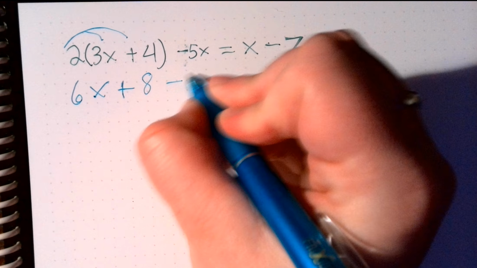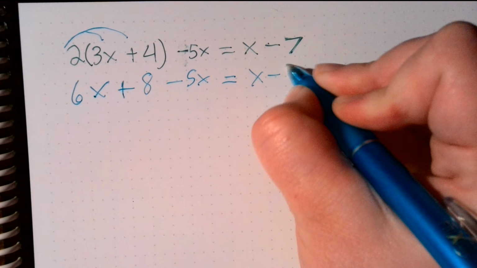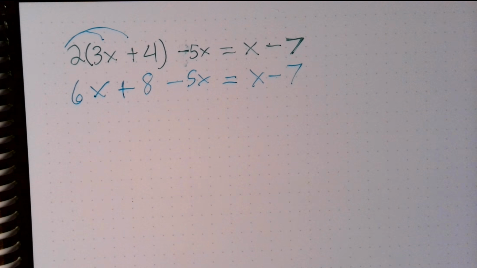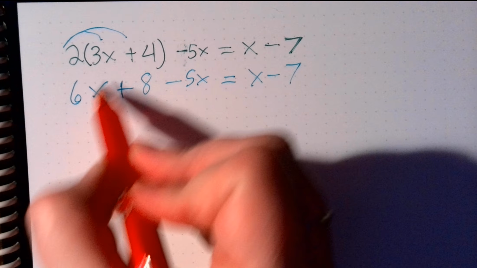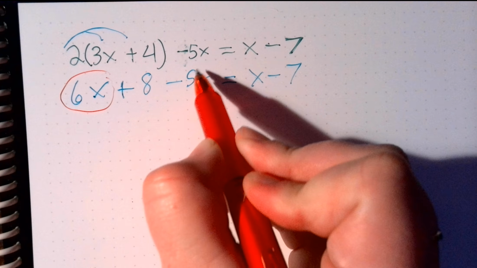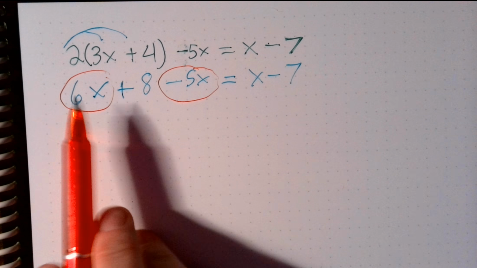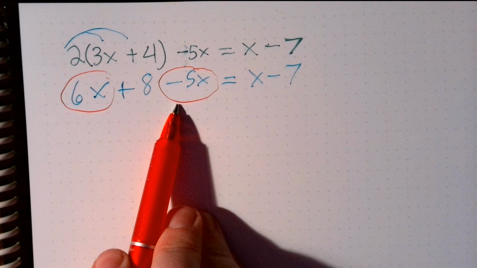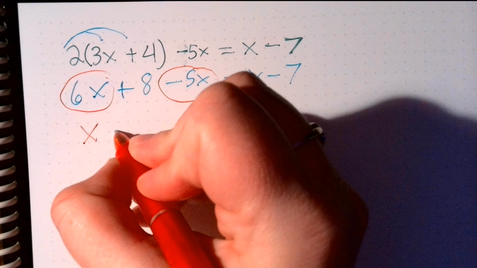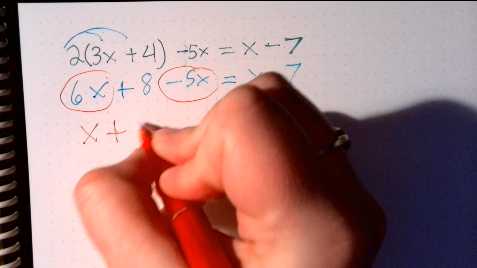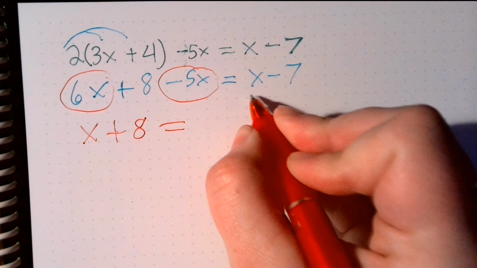I still have this minus 5x, which is equal to x minus 7. So I'm going to add my like terms that are on the same side. So 6x plus a negative 5x, which leaves me with just 1x. I haven't done anything with the 8, so it needs to come down. And that is all equal to x minus 7.